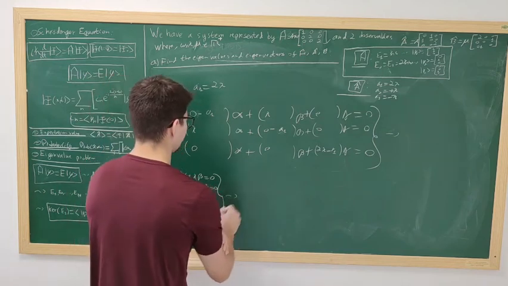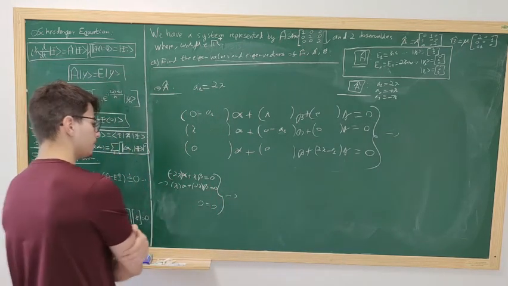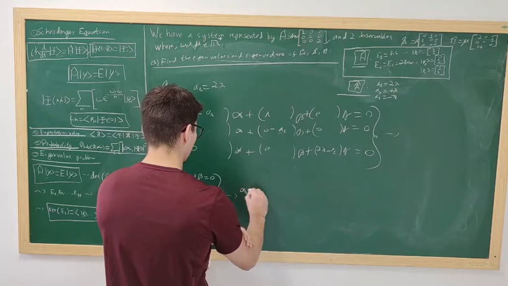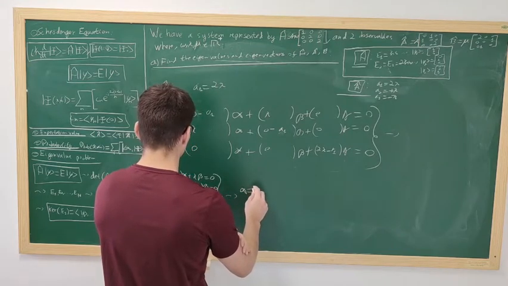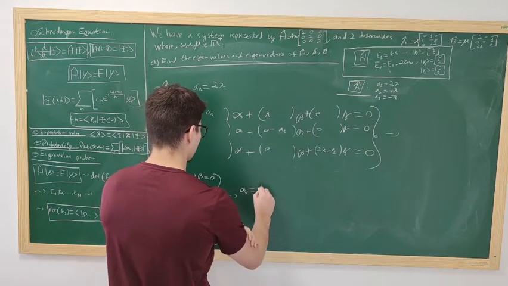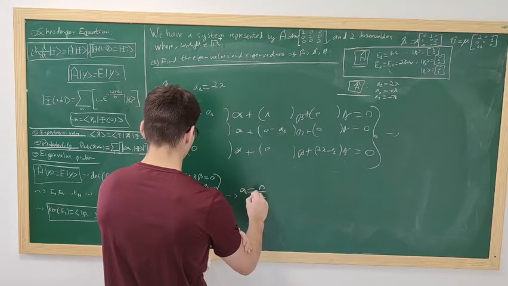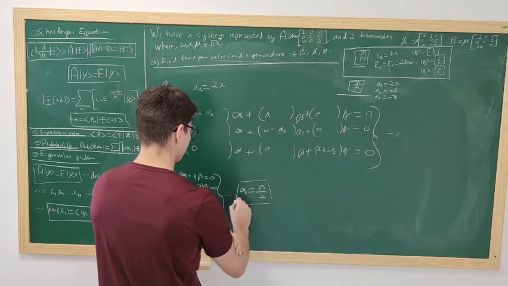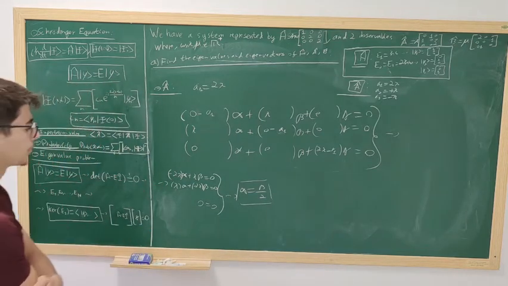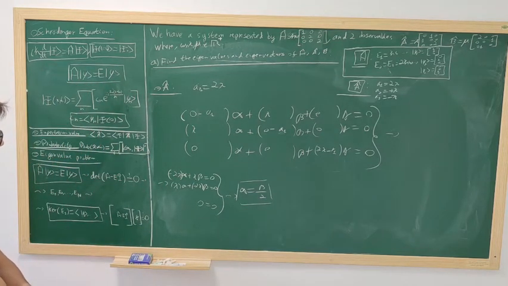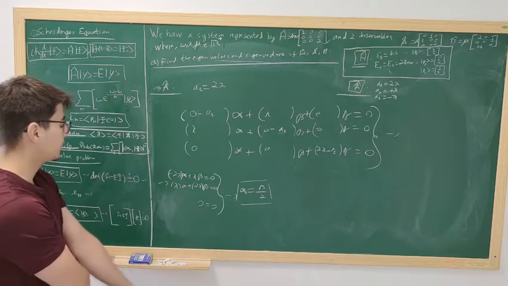So for this to hold, we have that alpha must be equal to beta over 2. From the first one we get alpha is beta over 2.